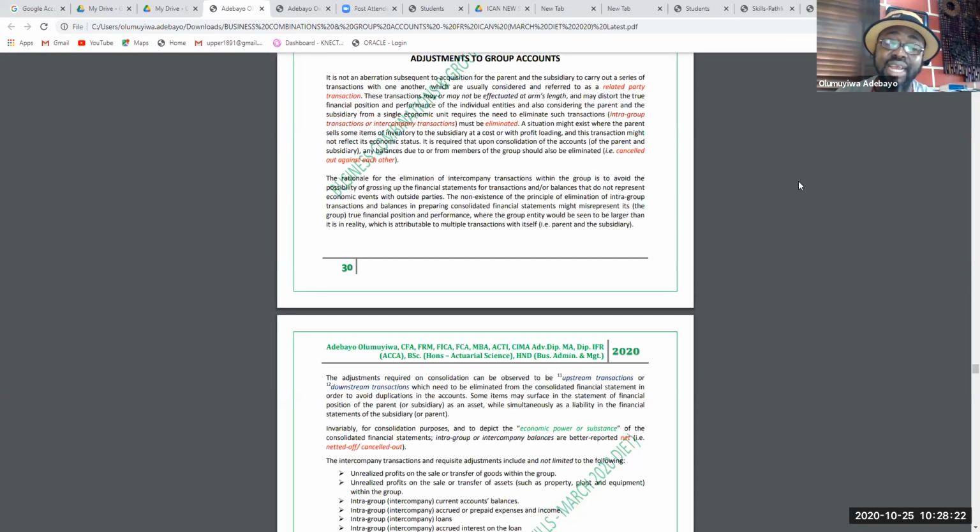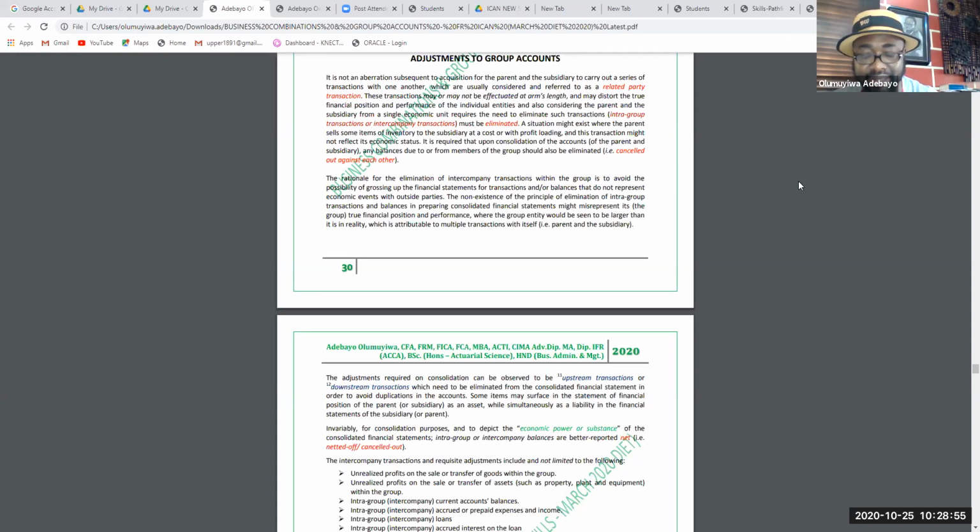Now, if the subsidiary has eventually sold that same goods for 13 naira to a third party, the subsidiary has also appropriately earned 1 naira, being the excess of 13 naira over its own cost of 12 naira. Therefore, in that light, we will say 2 naira made by the parent, 1 naira made by the subsidiary, make up 3 naira made by the group. These 3 naira has been appropriately earned and it is realized.